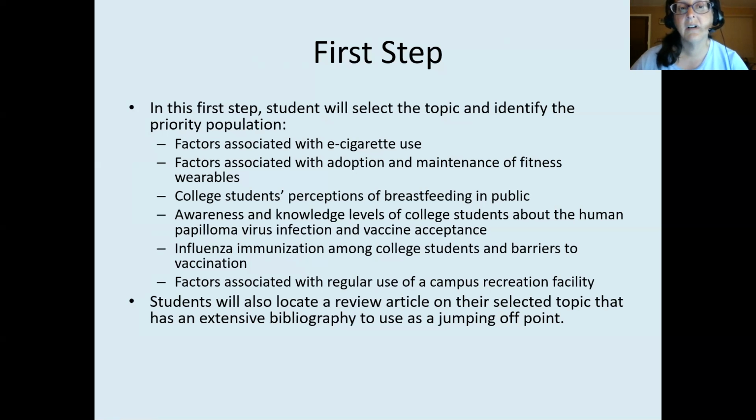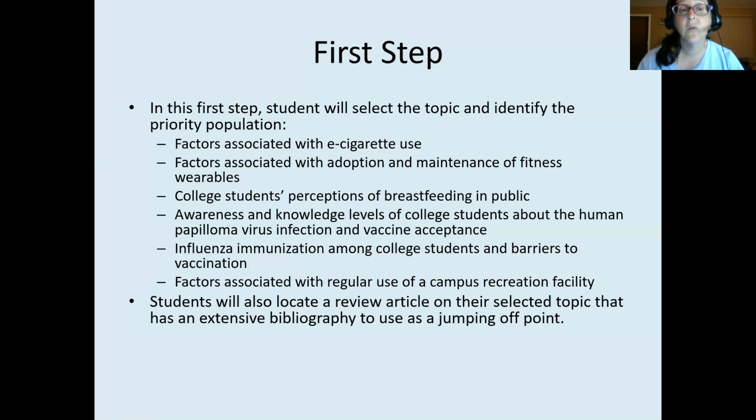And these are going to be, for example, factors associated with e-cigarette use, factors associated with adoption and maintenance of fitness wearables, college students' perceptions of breastfeeding in public, awareness and knowledge levels of college students about the human papillomavirus infection and vaccine acceptance, influenza immunization among college students and barriers to vaccination, and factors associated with regular use of campus recreation facilities.